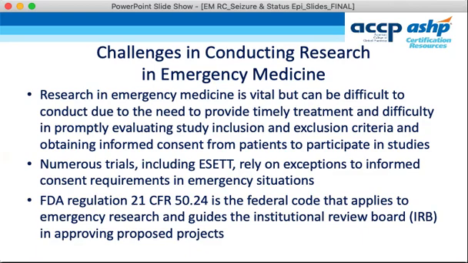Numerous trials, including ESETT, rely on exceptions to informed consent in emergency situations, and this is governed by the FDA regulation 21 CFR 50.24. This is the federal code that applies to emergency research and guides the Institutional Review Board, or IRB, in approving proposed projects.